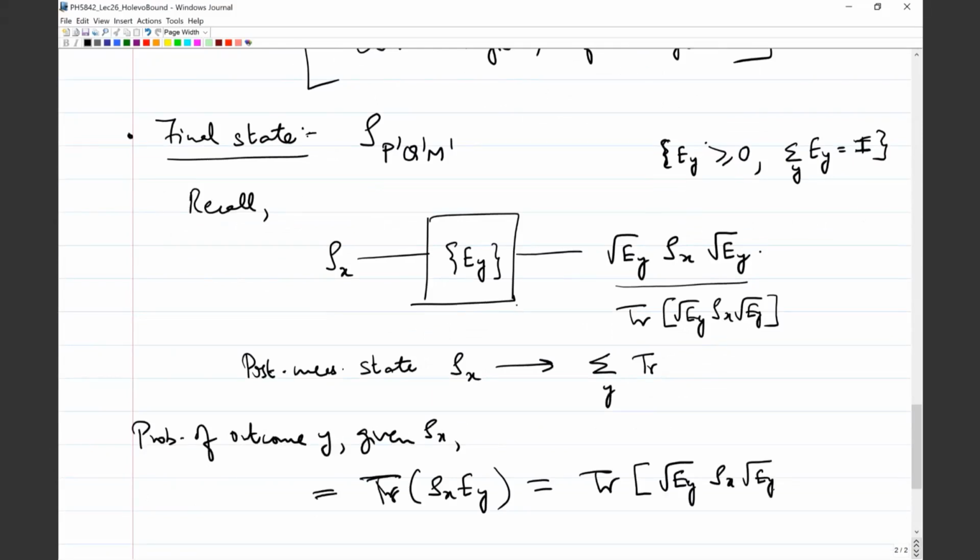So it's simply the trace of the final density matrix after the transformation associated with a particular outcome y. I hope you see that this is what we also called the conditional distribution p_y given x. So the full state is going to be this probability times this. Let me just write it down.